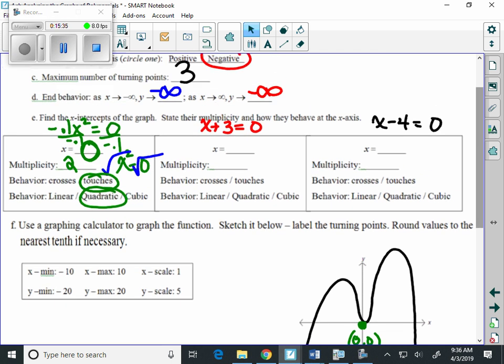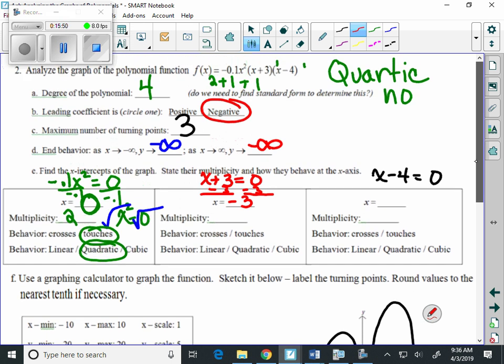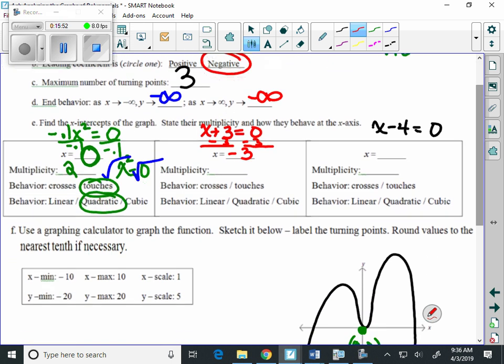If we go to the next group, a lot easier to deal with. You may not even need to subtract 3 from both sides to get your x equals -3. We put the exponent on there already of a 1. That determines our multiplicity.